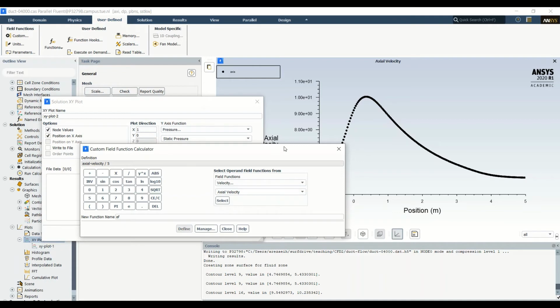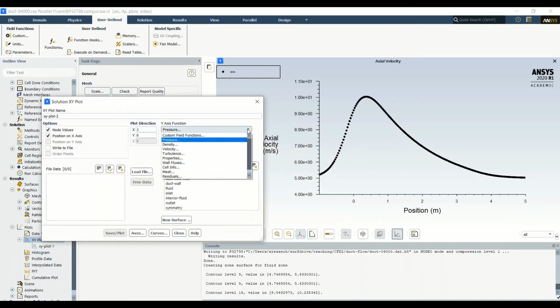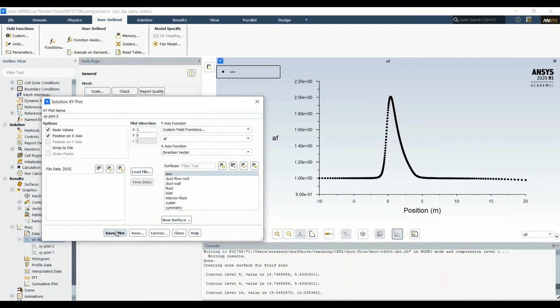We define it, and now we already have it here, and then this time we can plot this on the axis. So we can see that the amplification factor goes to almost 2.